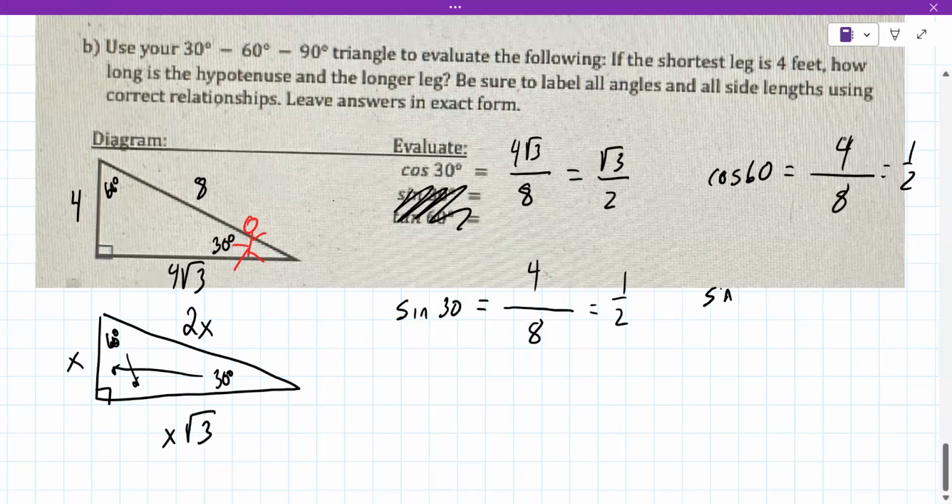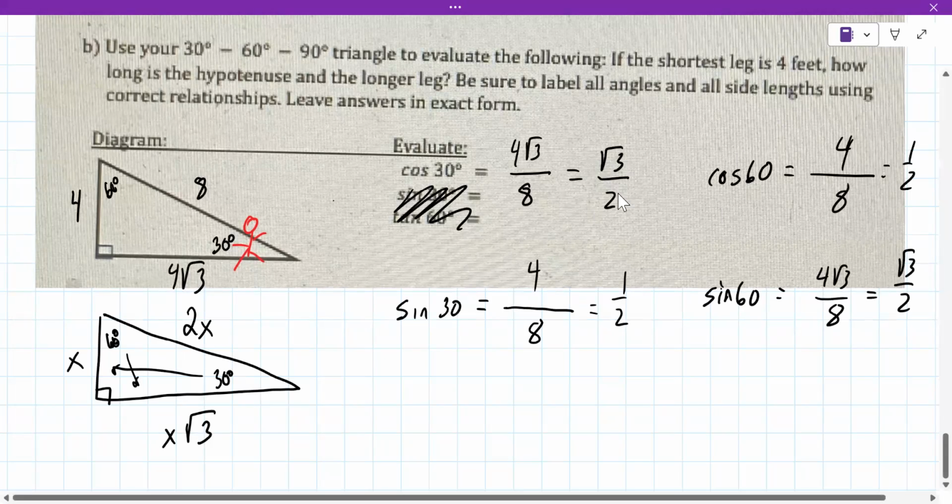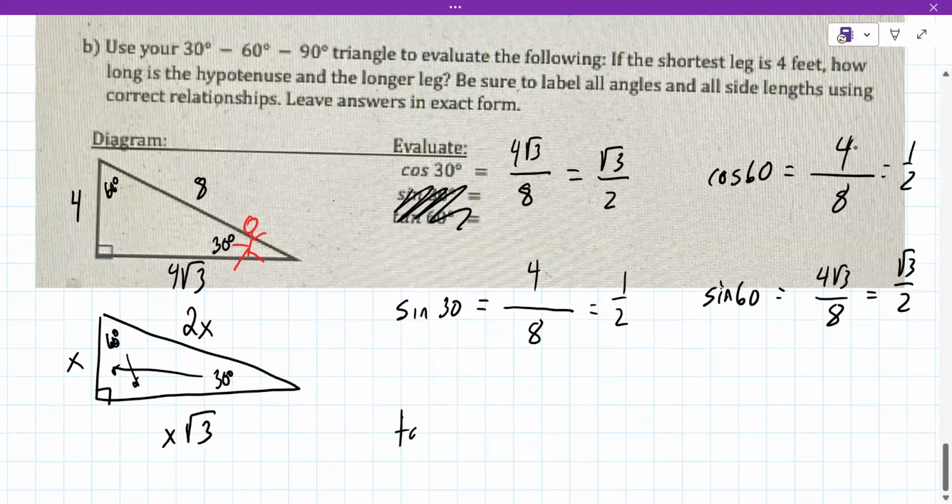And sine 60 would be opposite over hypotenuse, 4 square root 3 over 8, which becomes square root 3 over 2. Do you notice anything about this? Yeah, they're actually switched in a way.